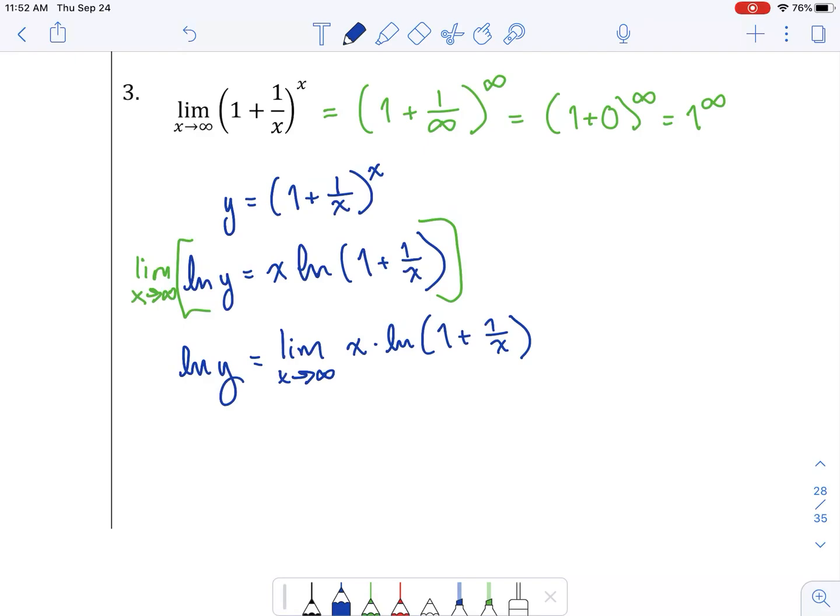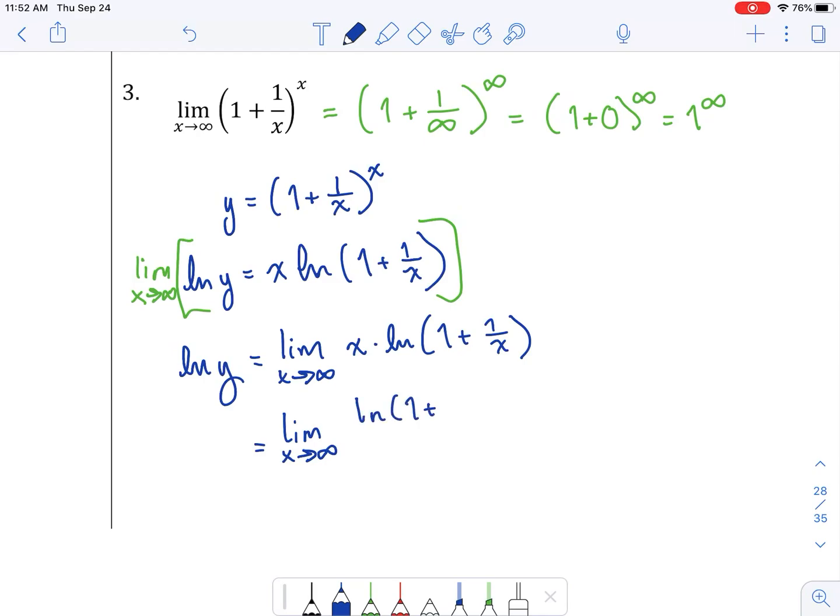And now, when we plug in our infinity, we are going to end up with infinity times ln of 1, which is 0. So we have a very similar situation to our last problem, where we're going to turn it into a fraction.